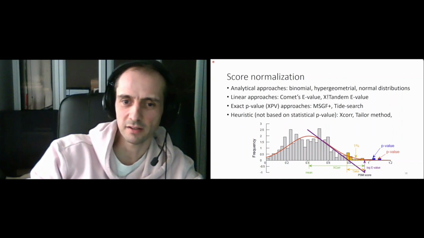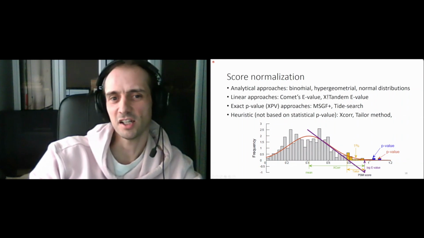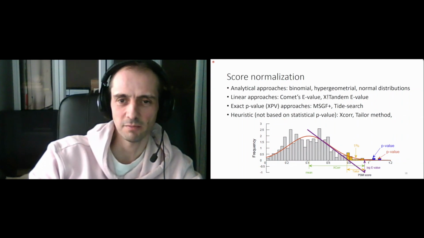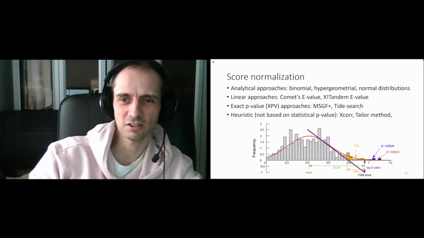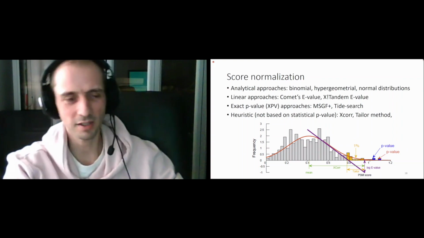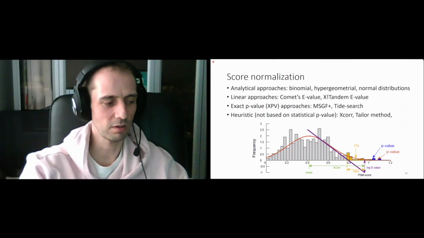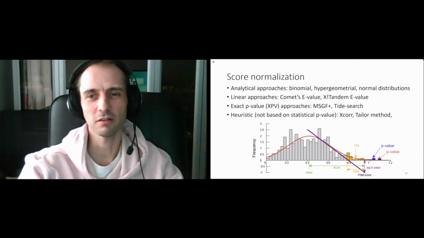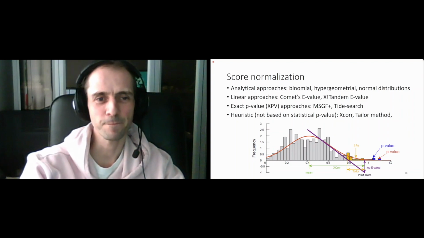They assumed that the null distribution follows a binomial distribution, and then they wrote a paper about this. But then later they figured out, no, the score follows a hypergeometric distribution just by simply looking at the shape of the null distributions. Then they wrote a paper about this. Then they figured out it follows a normal distribution, and then they wrote another paper.